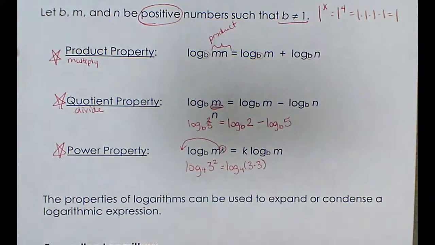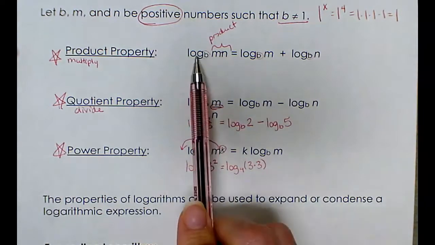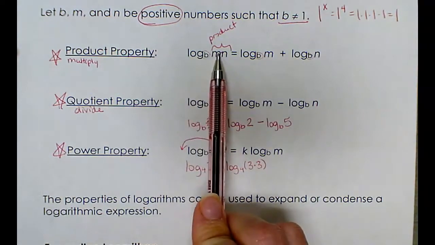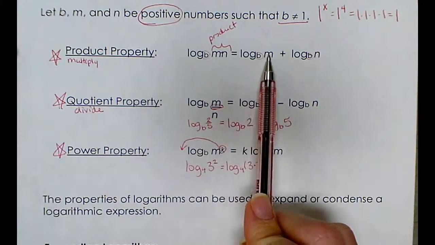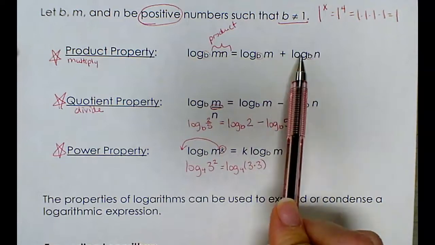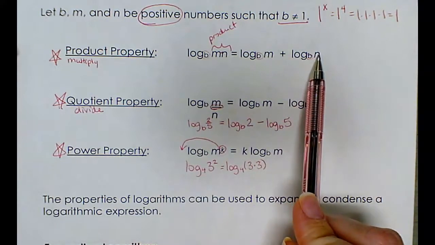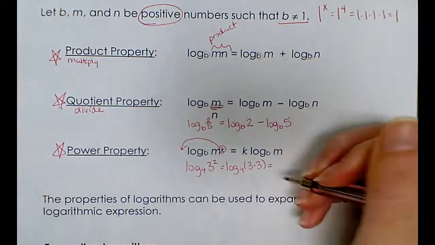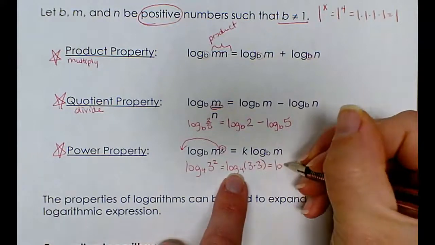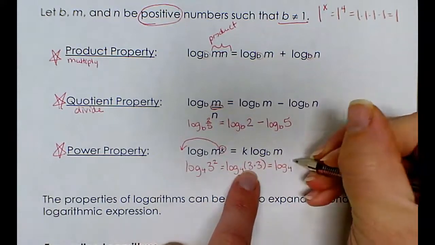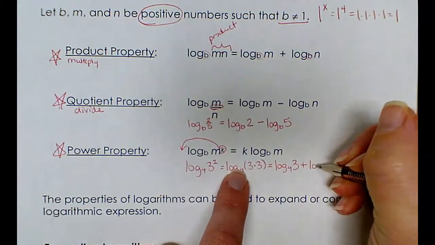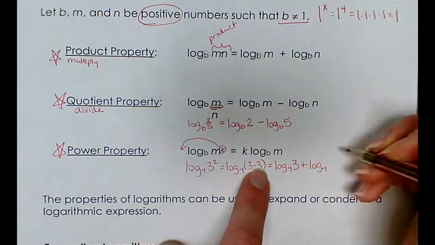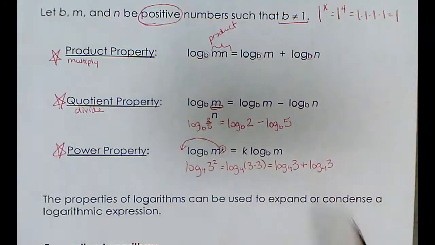And from product property, we know that if we're taking log with a base and a product, we can expand this to be log with the same base of the first piece of the product plus log with the same base of the second piece of the product. So I have log base 4 of 3 plus log base 4 of 3.